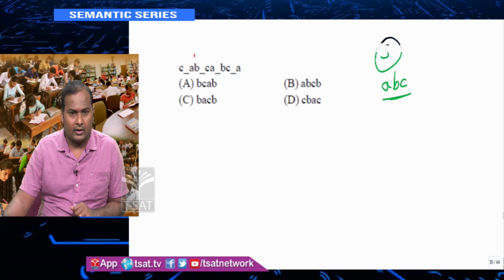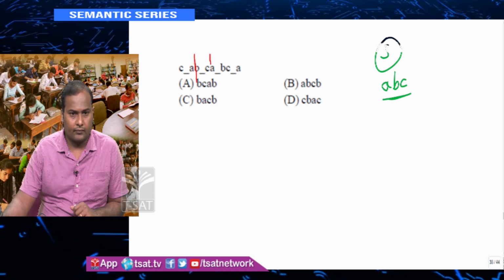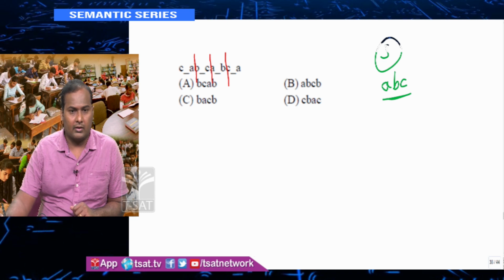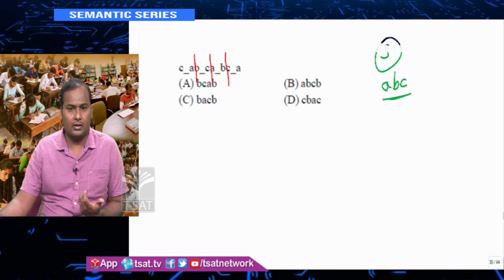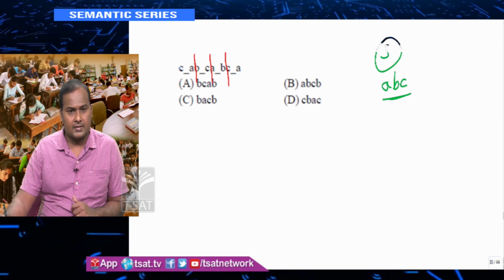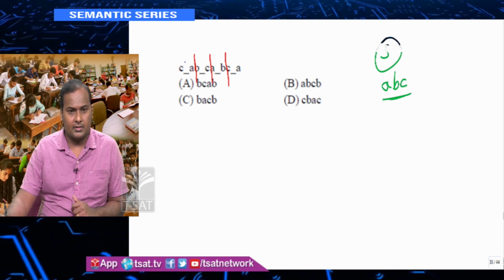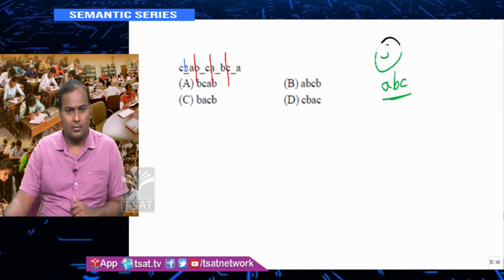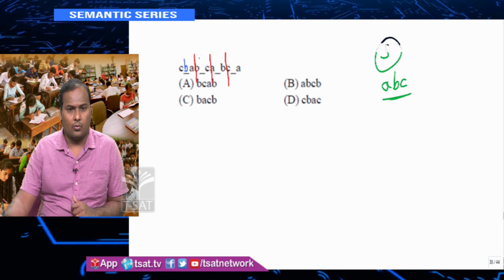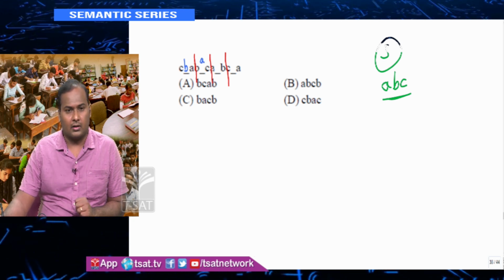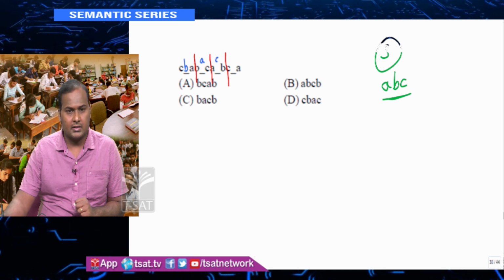First I will divide into the first block, second block and third block. After dividing, I will try to fill with either A or B or C. In the first block, C is already there and A is there. What is missing? B. So I will keep B. In the second block, B is there, C is there. What am I missing? A. So keep A. In the third block, A and B are there. I am missing C.